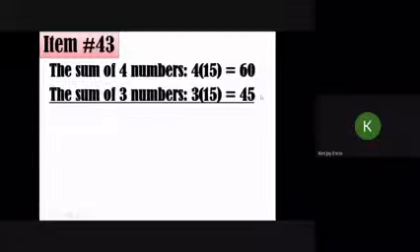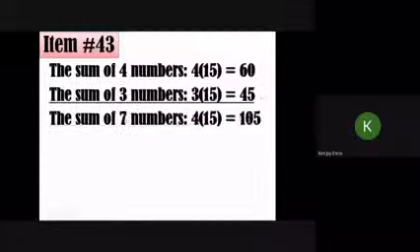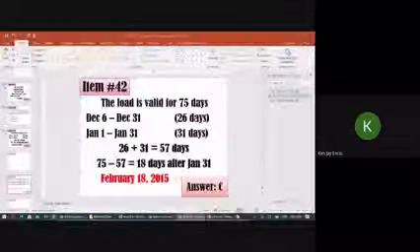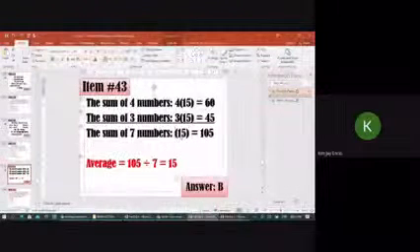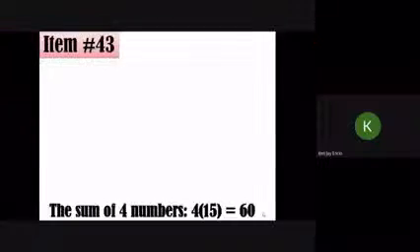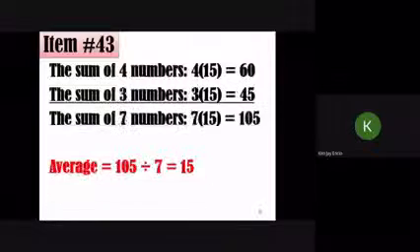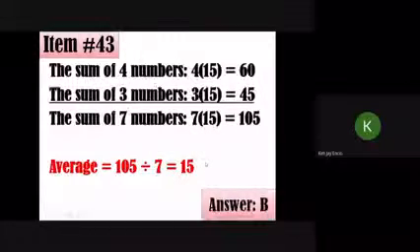And so if you add the 7 numbers, this is 7 times 15, and it's 105, which is the sum of 60 and 45. So 105 divided by 7, because there are now 7 numbers involved in all, is still 15. So the answer is exactly 15.